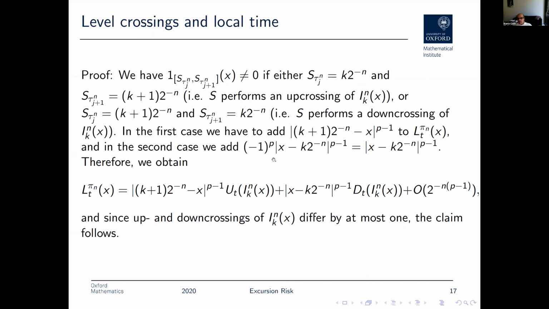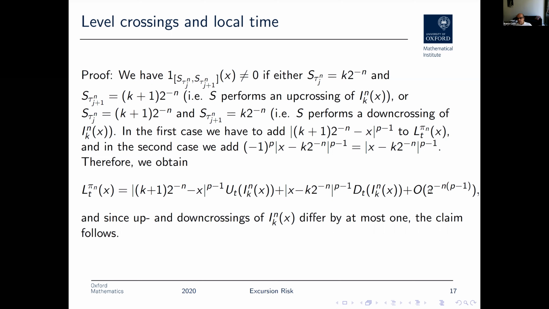In the second case, you get a contribution that is x minus the initial value, but then you have a sign, because you have b minus x or x minus b. So if you sum these, the up crossings give you these terms and the down crossings give you this term. And then you have the other terms.